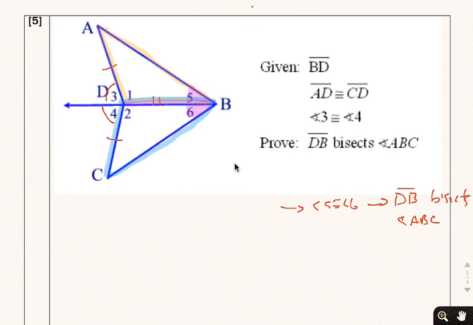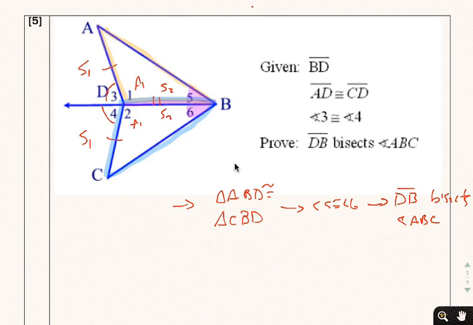So again, kind of building our plan, if we prove triangle ABD is congruent to triangle CBD, that would mean the angles are congruent. If the angles are congruent, then that big angle ABC has been bisected. So the question now is, well, how do I prove those triangles are actually congruent? If I look at the information I've been given, I think I can pull off side, angle, side.